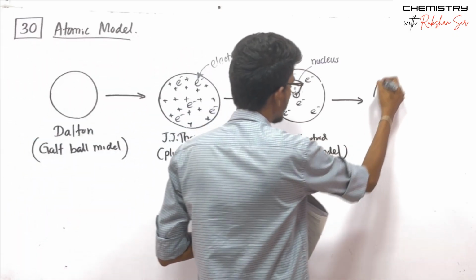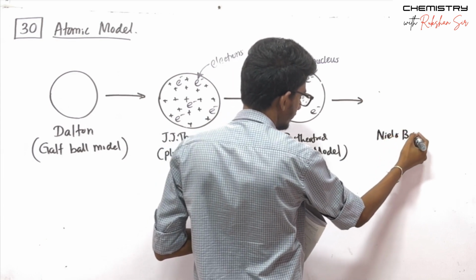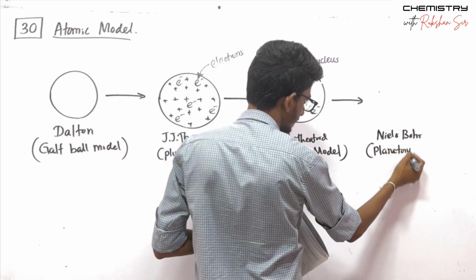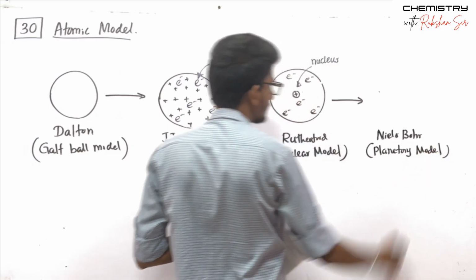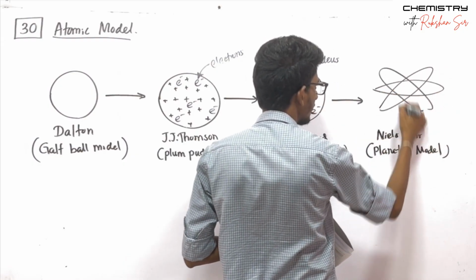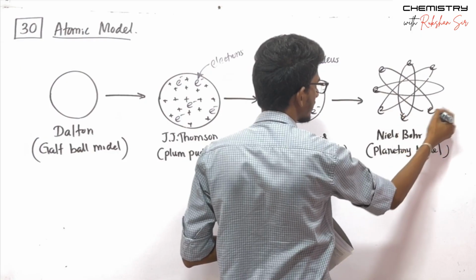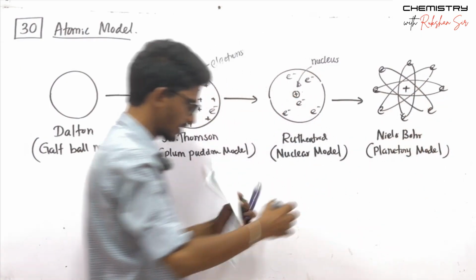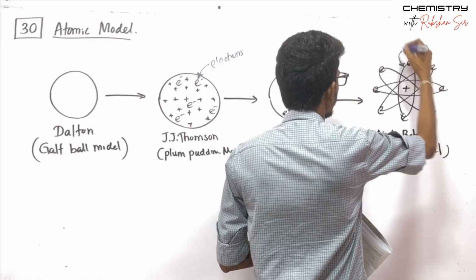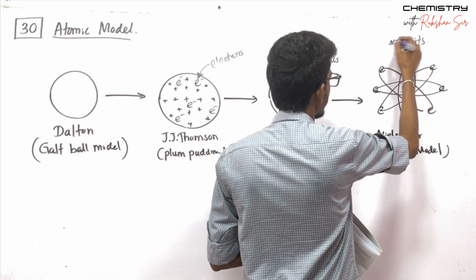And then that was disproved by Niels Bohr by his planetary model. There, the orbit concept came to the world. Orbits and energy levels.